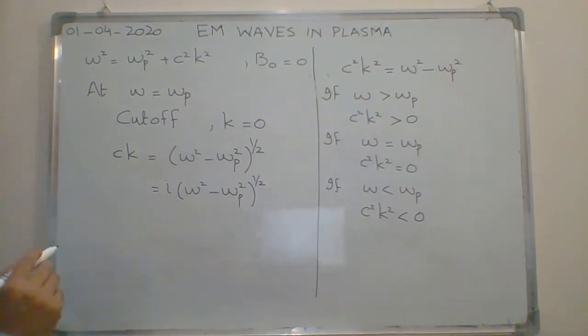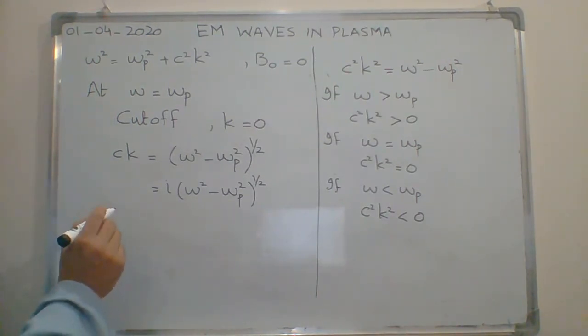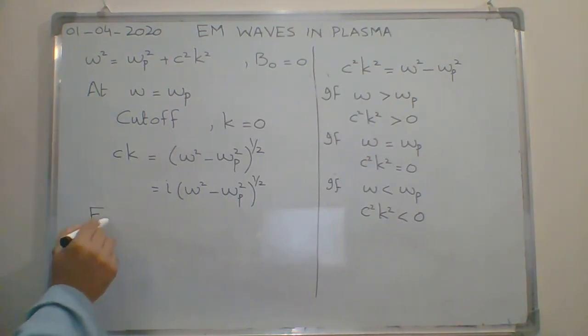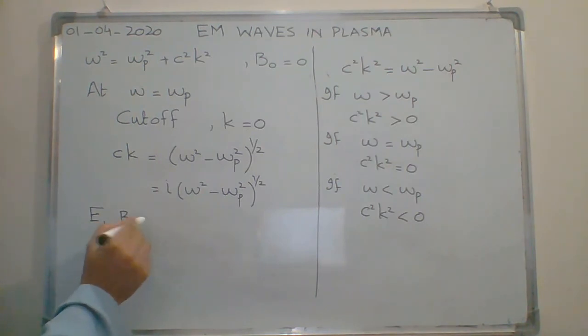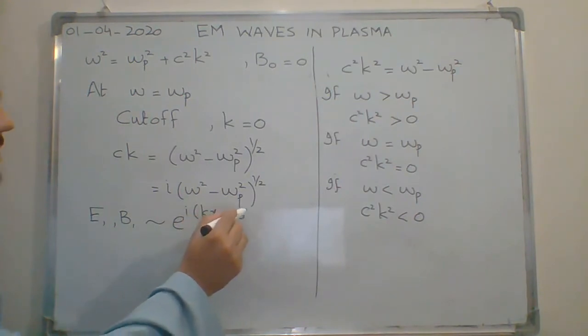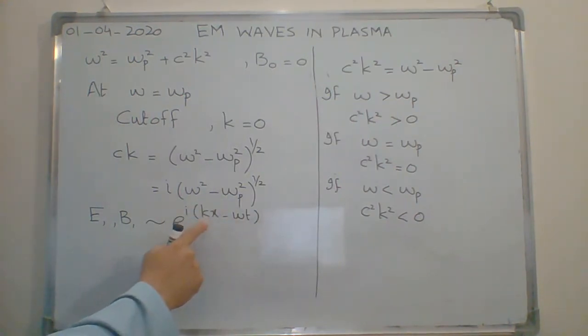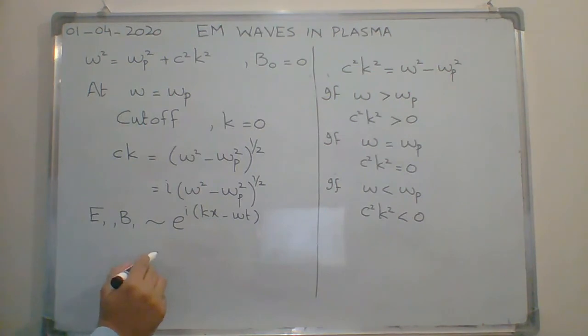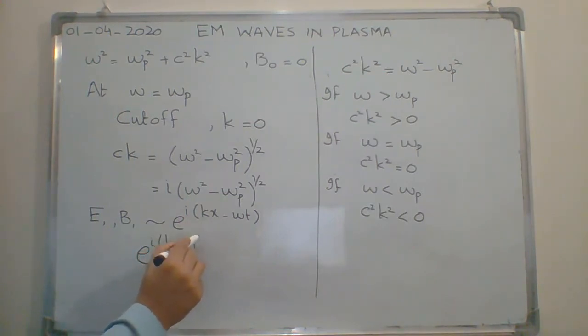As you know, the perturbed quantities, E1 or B1, all go like exponential iota (kx minus omega t). Now if this k has an imaginary part, then we are going to have an attenuated term. I will write it like that: iota k real plus iota k imaginary into x.